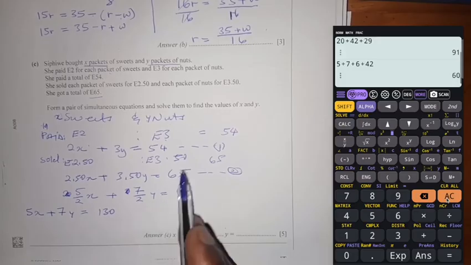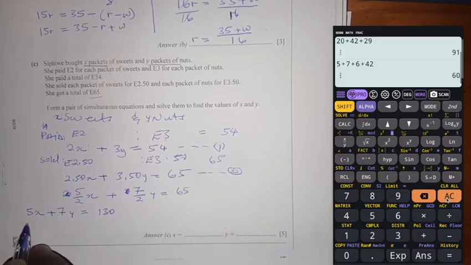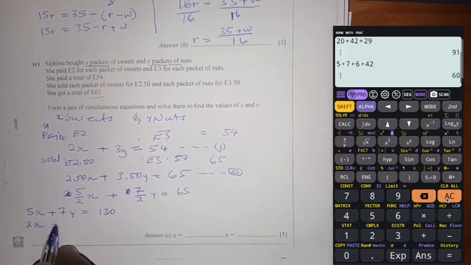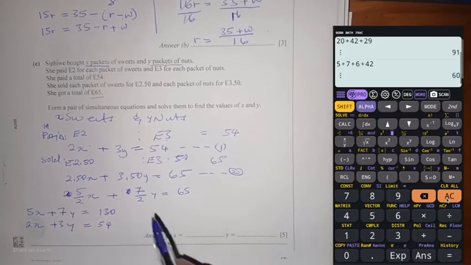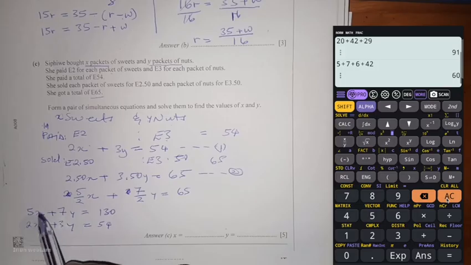Now let's bring in this one so that we can compare: 2x plus 3y equals 54. Now we can use elimination here. Let's try to eliminate x.